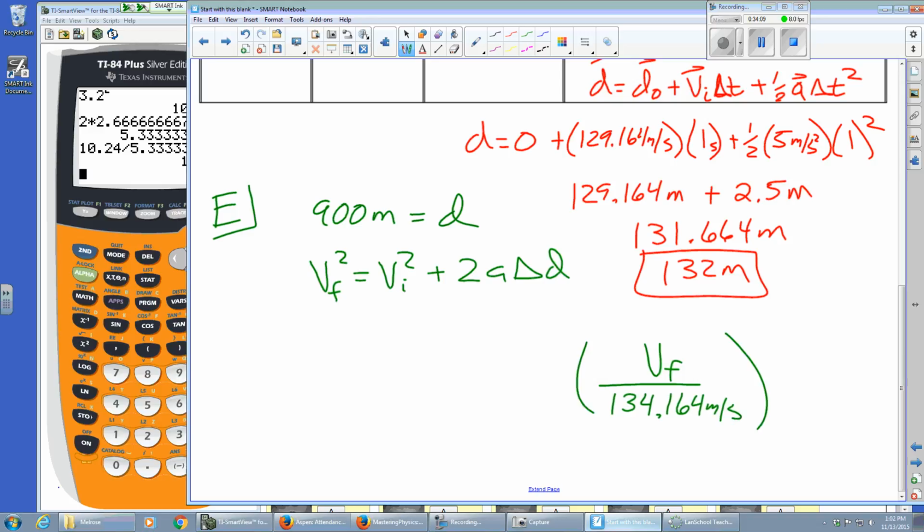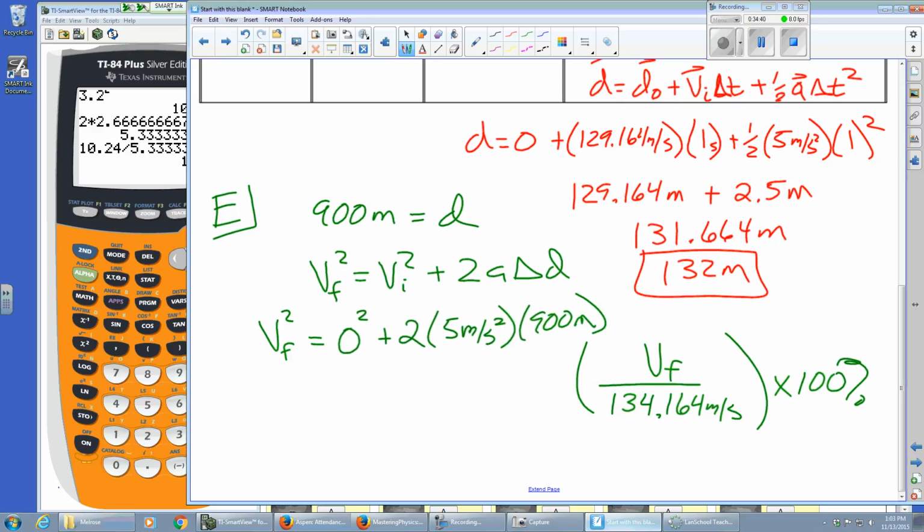And then that's multiplied by 100% to figure out a percentage, right? Remember that from the traffic study things? So my V final, I don't know it. My V initial, how fast is the plane going at the start of the runway? 0 squared plus 2 times 5 meters per second squared times 900 meters. Do that, find V final, put it in over here, figure out your percentage.